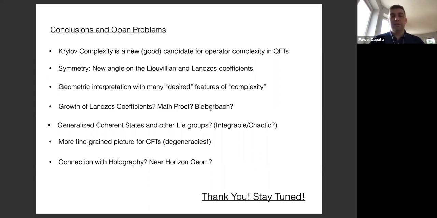In mathematics, there's lots of literature on this kind of growth or maximal growth hypothesis, and it is usually related to something called the Bieberbach conjecture. Maybe there would be a nice way to understand mathematically what makes this bound true, and what makes it important for physics. Can we really prove that under certain conditions, maybe locality of the Hamiltonian, or what else, these b_n's cannot grow faster than n? That's still an open question.